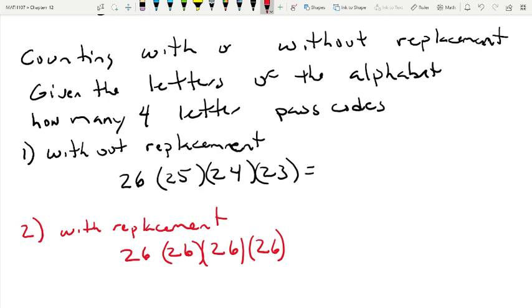That is actually the one for this one: 456,976. And this one would be 358,800. Right? So, counting principle.